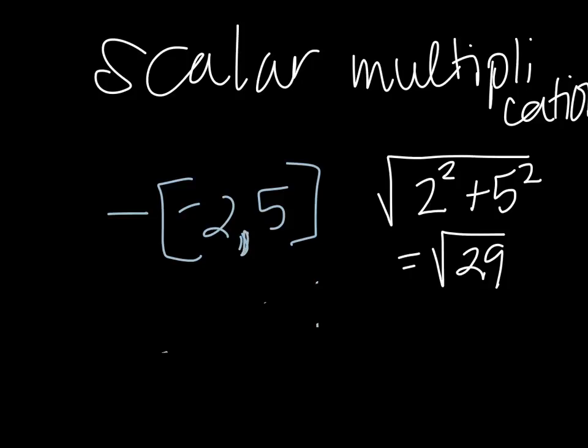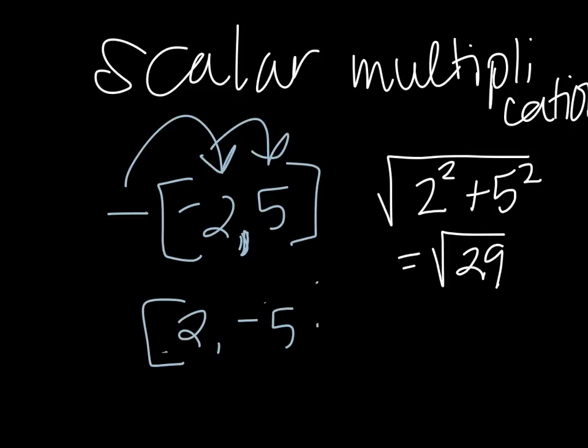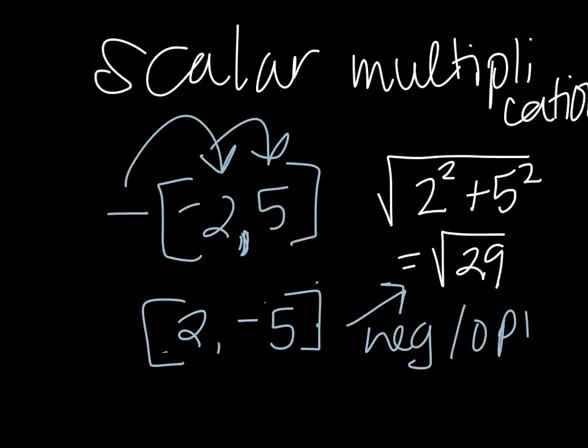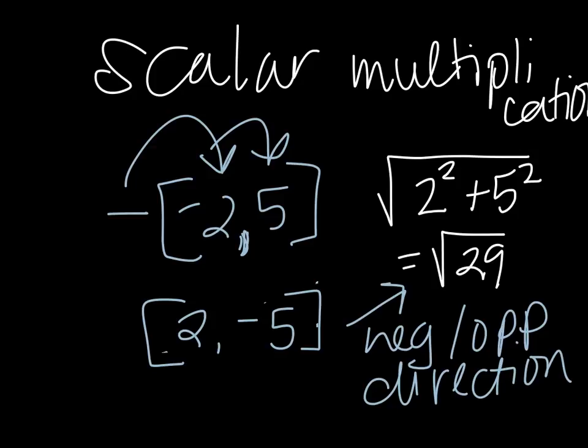And then I distribute in my negative. So it becomes 2, negative 5. And now this is a vector of the same length, but in the negative or opposite direction. So scalar multiples are really that easy. We just distribute in the multiple at the front of the bracket into each component of the vector.